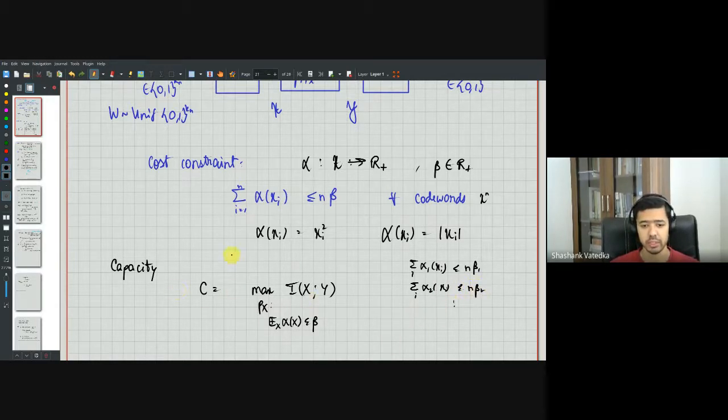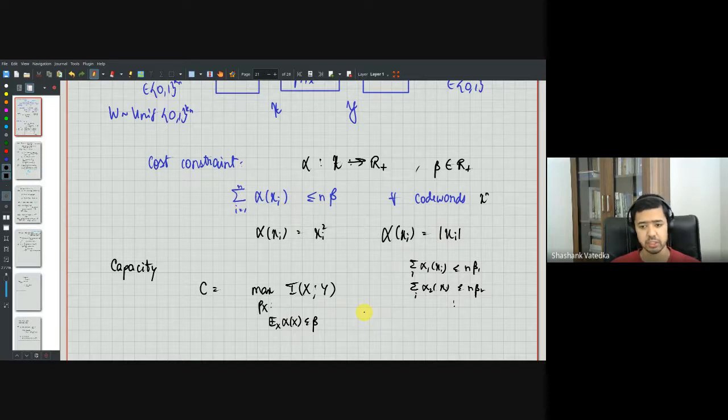Then the capacity expression remains similar, except that you maximize over all input distributions for which the expectation of alpha 1 of X is less than or equal to beta 1, the expectation of alpha 2 of X is less than or equal to beta 2, and so on. The expression looks very similar, and the proof is exactly identical to what we did. So you can handle any number of input constraints.